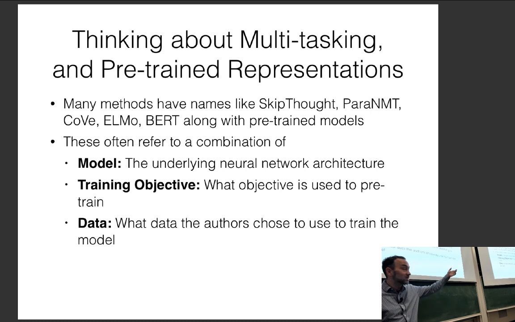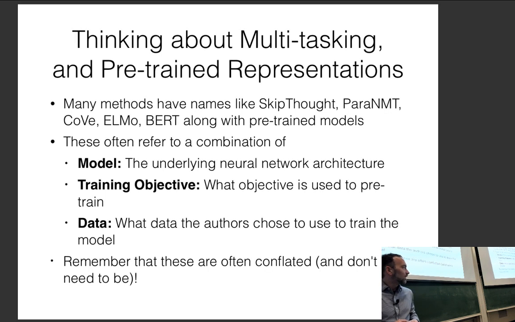Oh, and actually the way you use the underlying representations is also different. That's another thing I can talk about in a second. So unfortunately, these are often conflated, which makes comparisons between the methods difficult. So I'm going to try to deconflate them to some extent in my slides today.